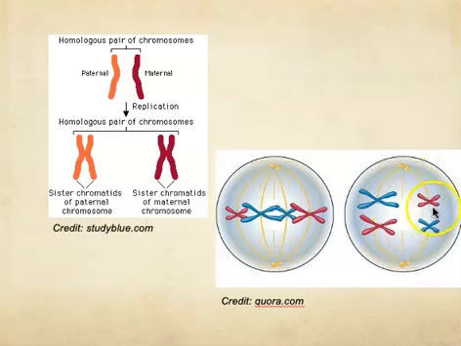This is a pair that maybe came from mother. One came from mother and then got replicated during S. One came from father and got replicated during S. Same type of chromosome, same genes on these, just different versions of genes. This is a homologous pair, and they're going to line up side by side during metaphase 1.